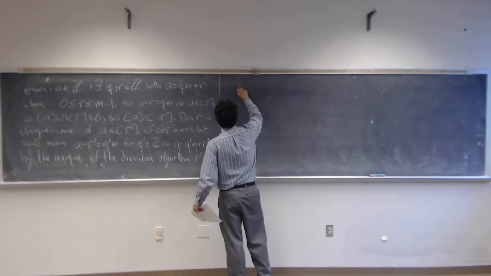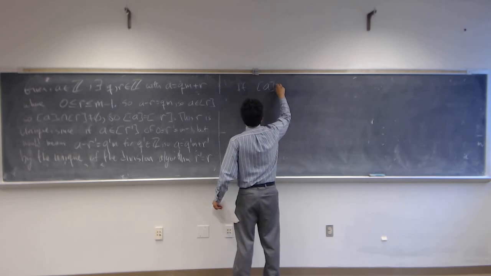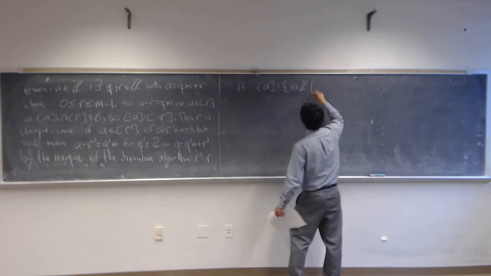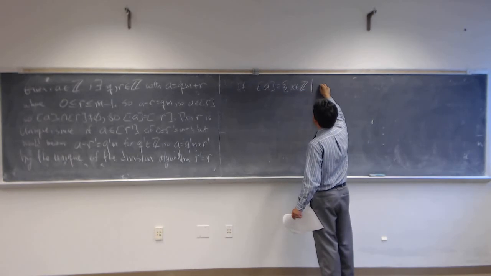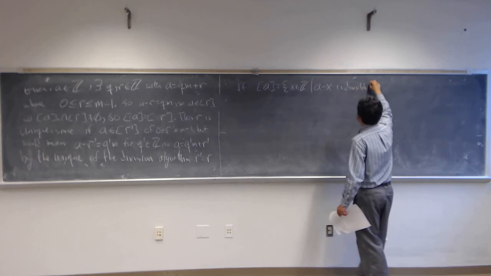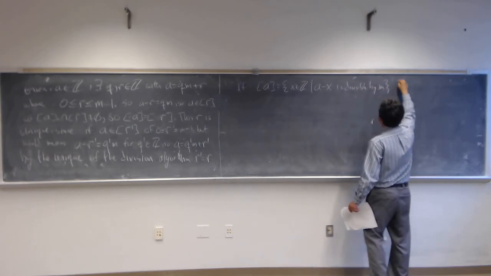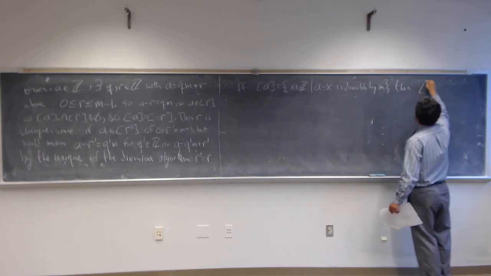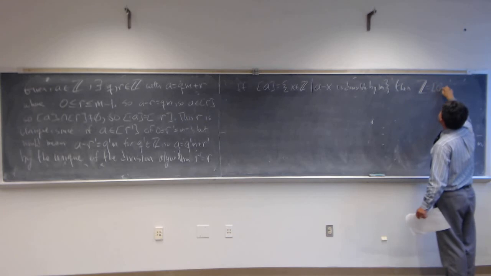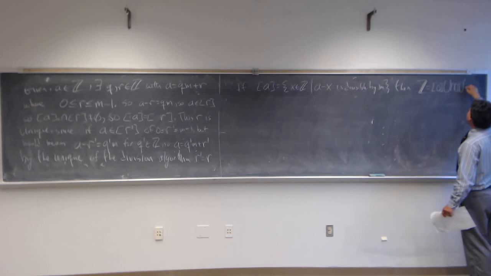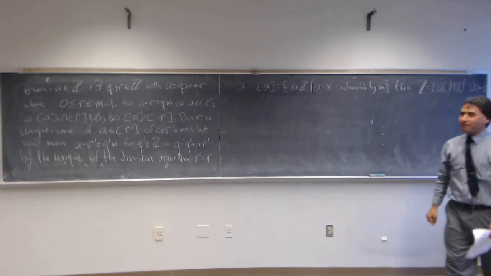So again, if the class of a is the set of all integers x such that x is equivalent to a, so such that a minus x is divisible by m, then Z is the equivalence class determined by 0, union the equivalence class determined by 1, all the way up to the equivalence class determined by m minus 1.